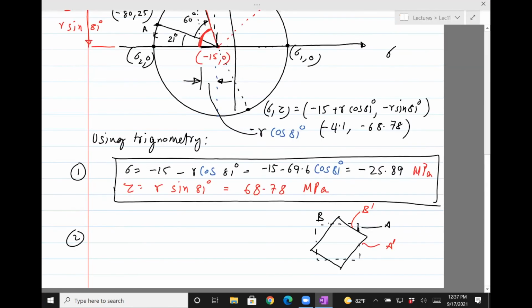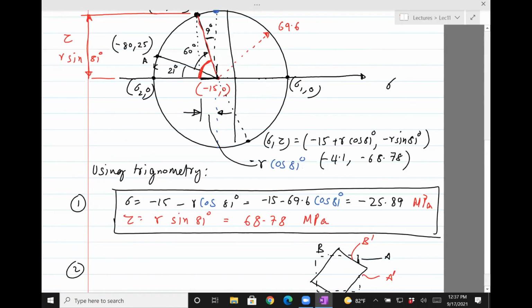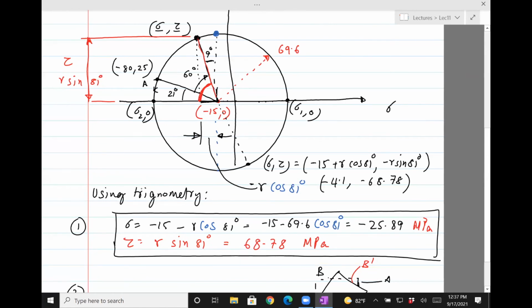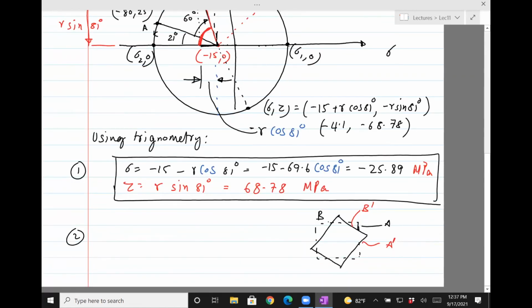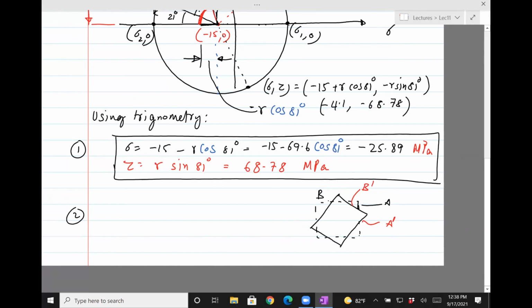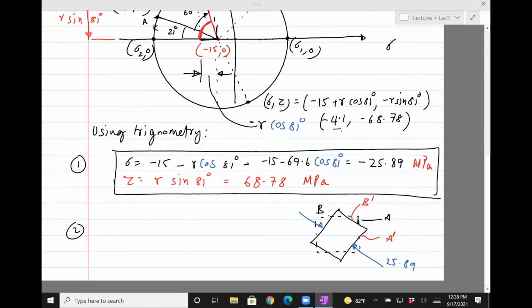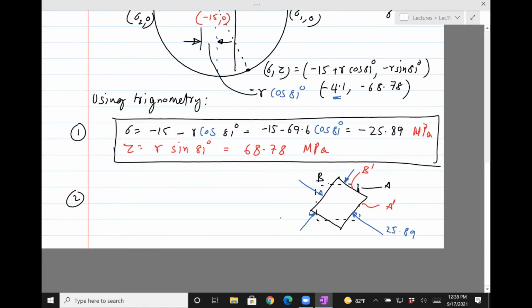So the stress on phase A is going to be sigma and tau, which I wrote down here. Sigma is minus 25.89. So I'll draw 25.89 and show it as compression. And then stress on B is 4.1, again compression. So I'll show it on phase B as compression. That's 4.1. And then the final thing is shear stress.